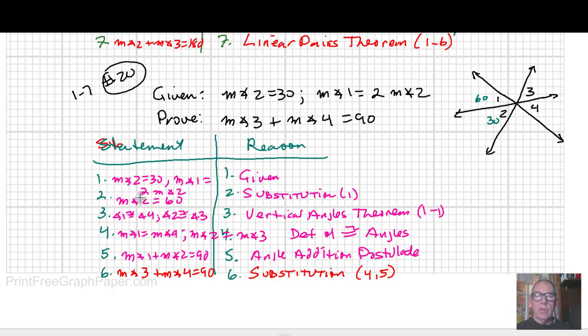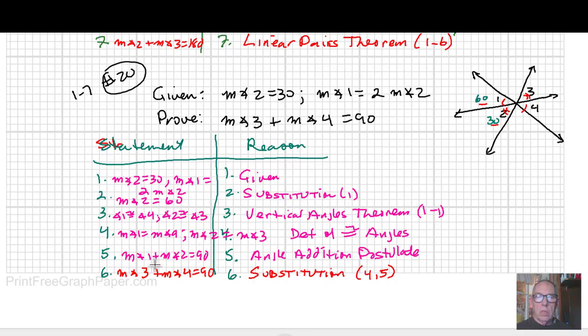Okay, let's look at the flow of this proof then. They're giving us that angle 2 is 30 degrees. Then from that, we got that angle 1 was 60 degrees, since it's double the measure. Then we have that by vertical angles, 1 and 4 are congruent, and 2 and 3 are congruent, which means that they're equal to each other in measure.